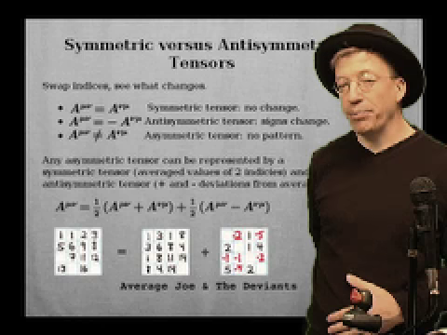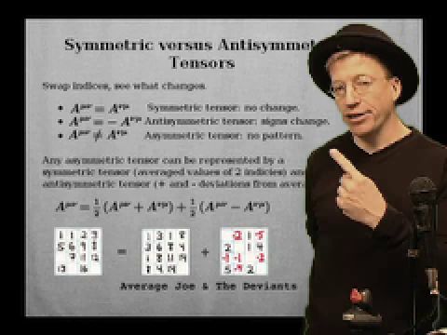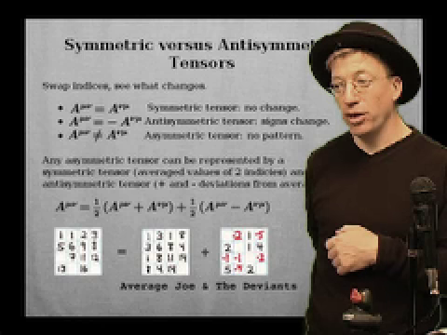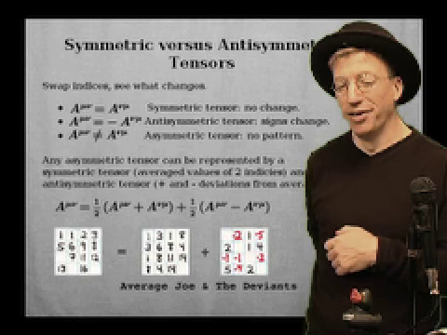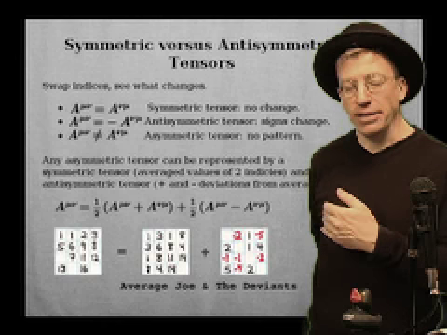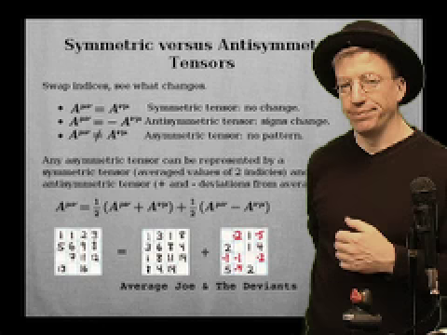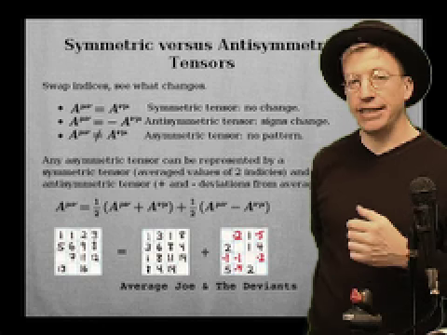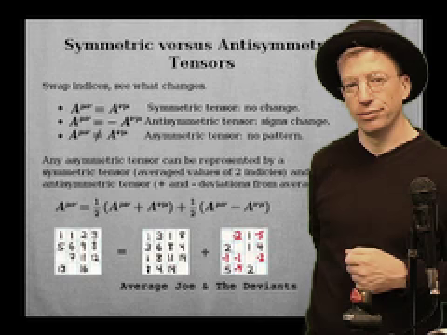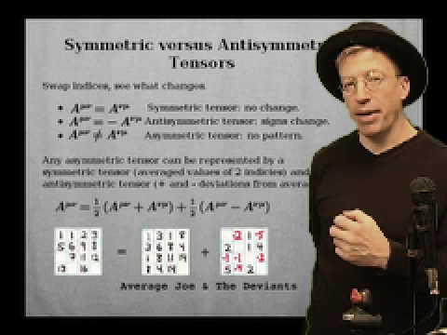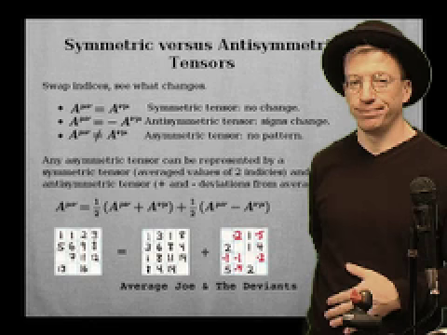Now I formed it by taking things across the diagonal, adding them up, dividing by 2. We call it average Joe. And then the tensor closest to me is the deviation from the average necessary to get back the asymmetric tensor. So average Joe and the deviance together make up the asymmetric tensor.